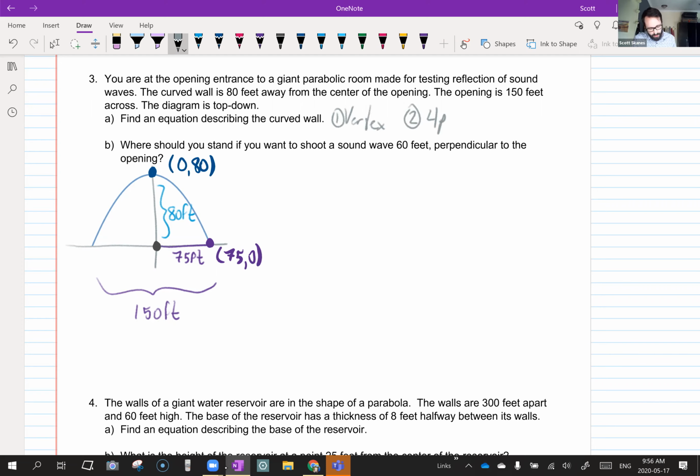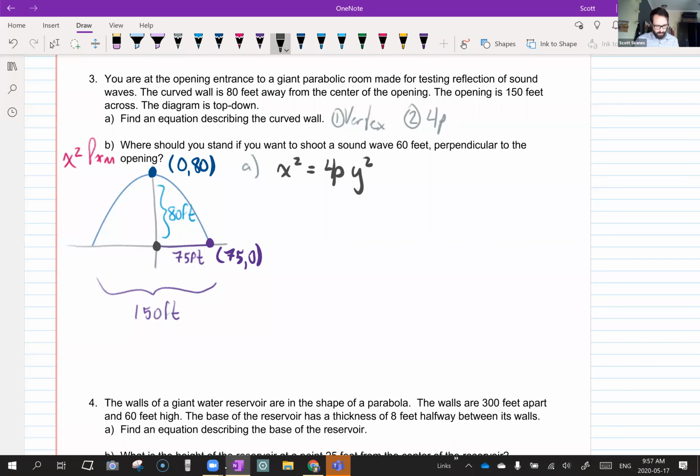So let's do part A. How do we get 4p? Well, first of all, let's write down the general equation. This is an x squared form parabola, and I know actually p is negative, but I'll let the math do that for me. So I'm going to write x squared equals 4p y. The center is at 0, 0, so I don't need to write h and k.